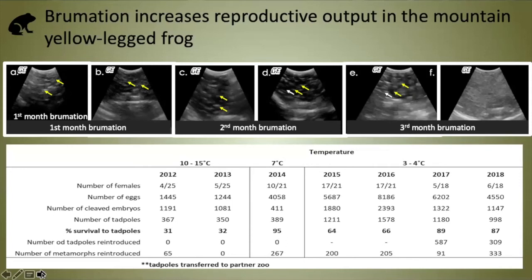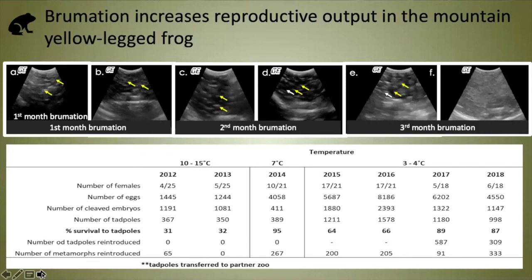For the first few years, they were not brumated appropriately because there was some nervousness regarding the application of these artificial brumations to the animals in case of increased mortality. But as the years progressed, we were able to convince our partners to let us put the animals through brumation.